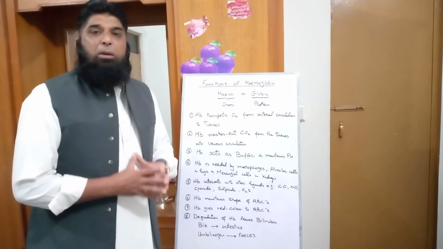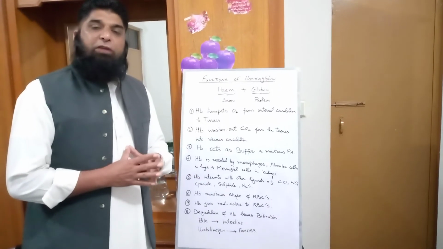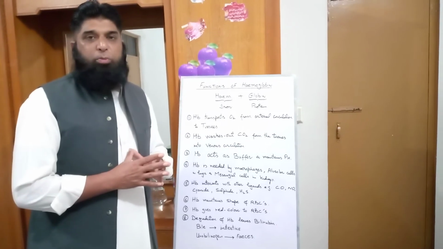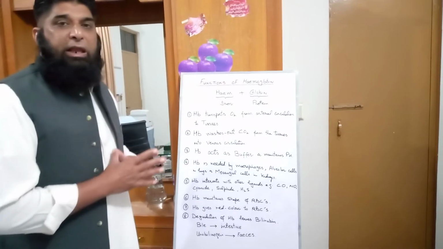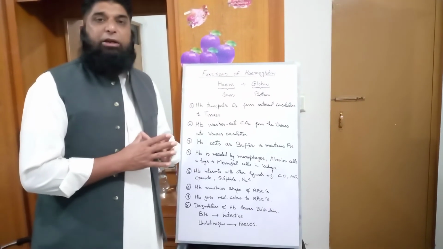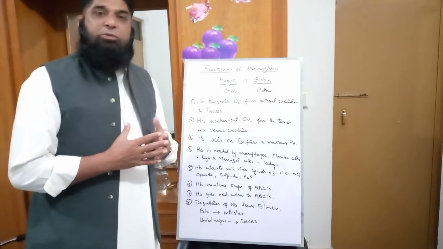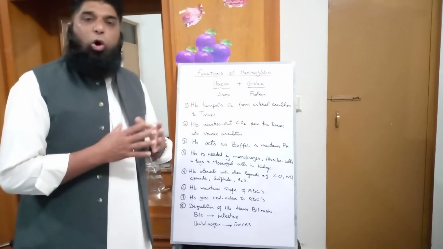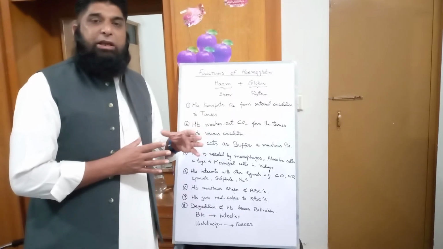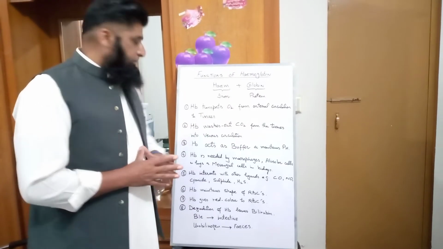The normal blood pH is 7.4, and it's the function of the hemoglobin, students, to maintain the blood pH at 7.4, so that different enzymes, coenzymes, and hormones become active metabolites at the normal pH.